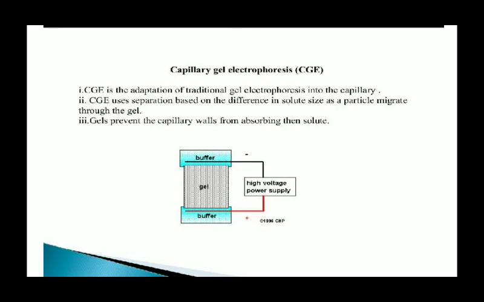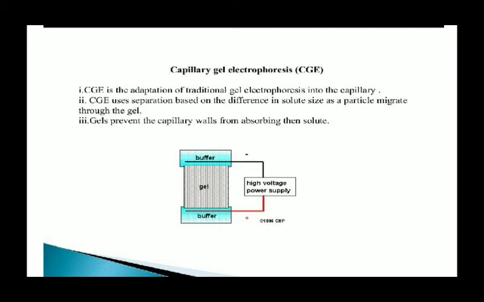Now we'll move to capillary gel electrophoresis. In this case we are using a gel. The capillary is filled with a polymeric gel, like cross-linked polyacrylamide, agarose, or a solution of linear polymers. While the gel is porous, the solute migrates through the gel with a velocity determined both by its electrophoretic mobility and by its size.